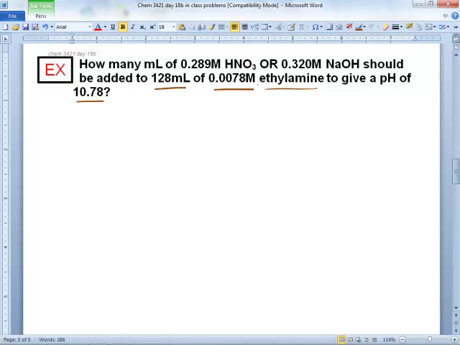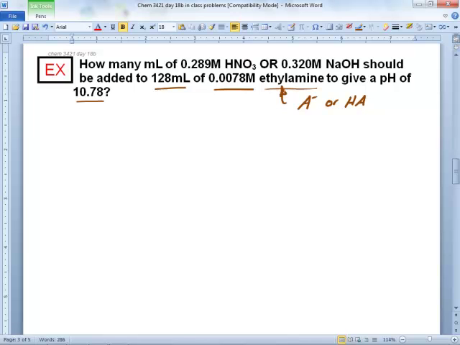Is ethylamine, I guess we could say, is that the HA or is it the, which one is it? It's a conjugate base. Because I said I didn't really understand this yesterday. This has an H plus. So then we need to make it neutral.